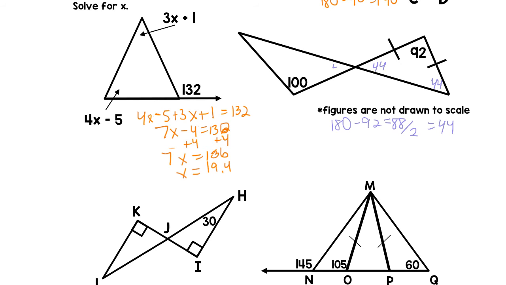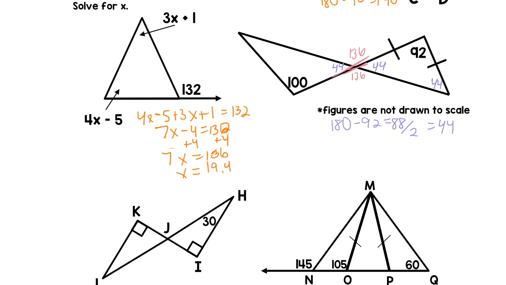We also know that this angle is 44 because those are vertical angles. We also know that this angle is 136 because these are supplementary angles. And that one's 136 because of vertical angles and more supplementary angles.